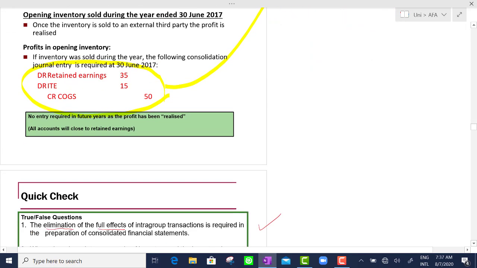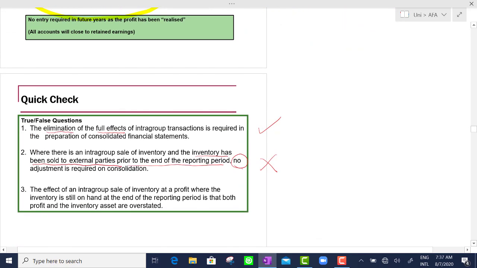Okay, now that is clear. Therefore it is wrong. The effect of an intra-group sale of inventory at a profit where the inventory is still on hand at the end of the reporting period is that both profit and inventory asset are overstated. Right? The inventory has not yet been sold to external customers.